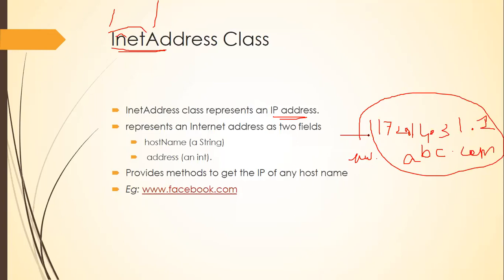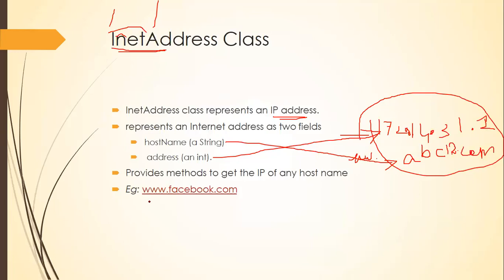Okay, this address will always be integers, as you all know, and your host name would be a string. But of course you can have abc12.com, but this is again a string. So an InetAddress will consist of two things: one is an IP number and one is the host name.